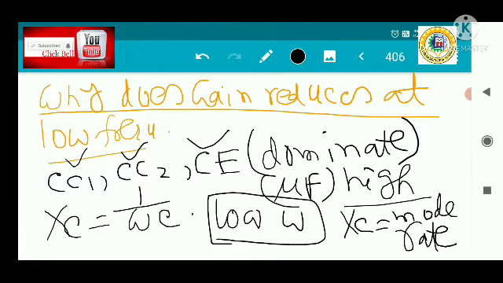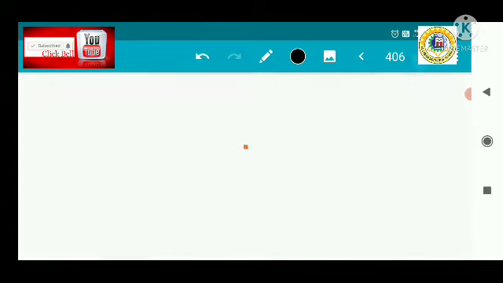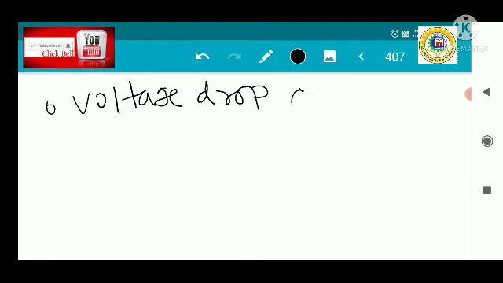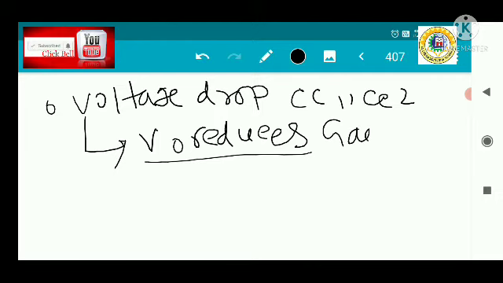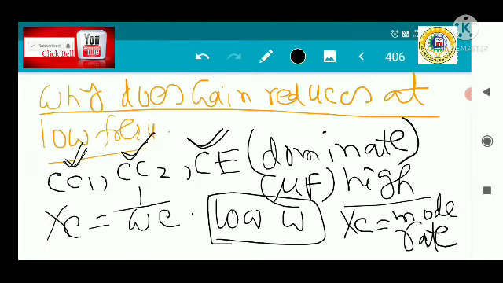As these capacitances offer high reactance, a voltage drop happens across CC1 and CC2, so your V0 reduces, and as V0 reduces, your gain also reduces. That is one factor for why the gain reduces at low frequency.